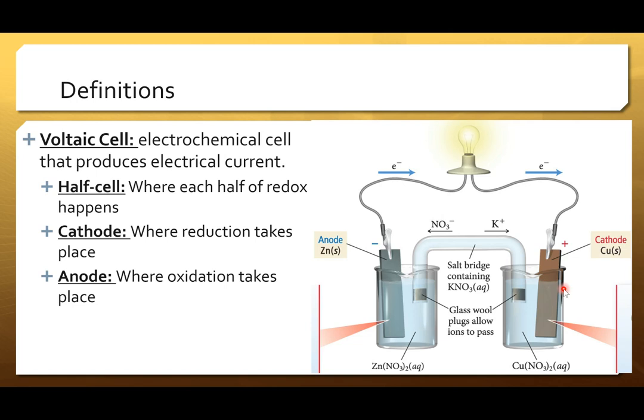Electrodes are kind of the broad umbrella that these fall under. That's going to be just the surface where electrons can enter or leave the half cell. So it's got to go to the surface and leave, or it's got to go to the surface and enter. So that's the purpose of an electrode. The surface where they leave is the anode.